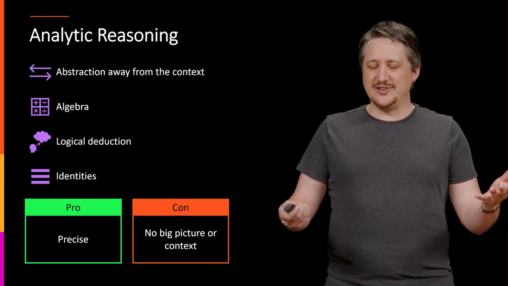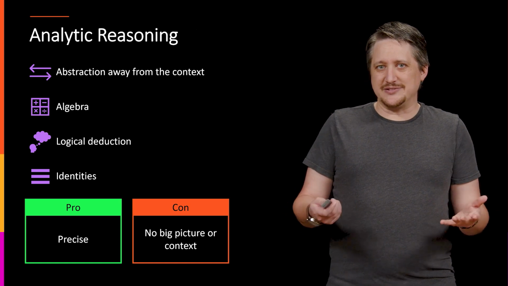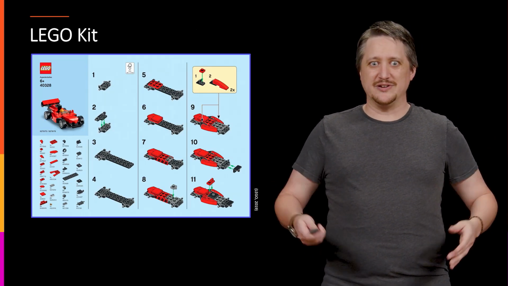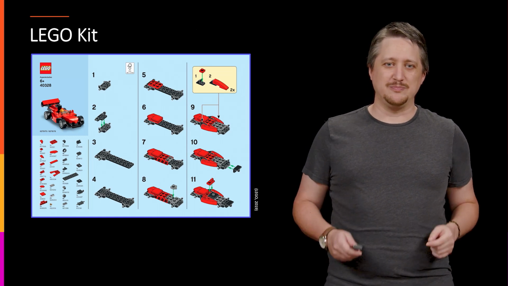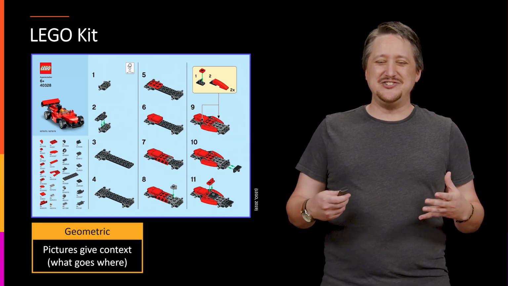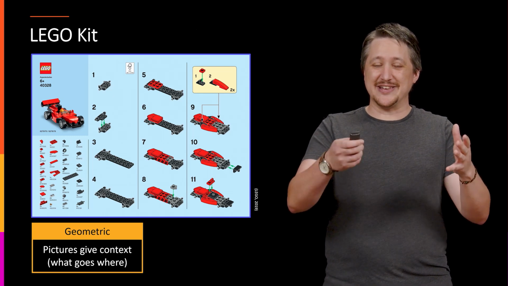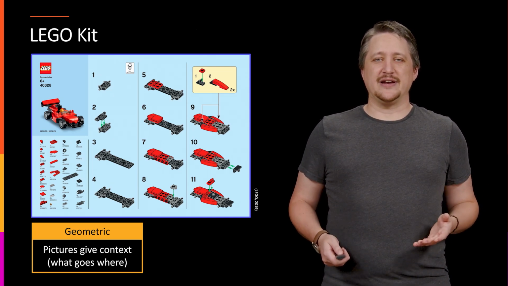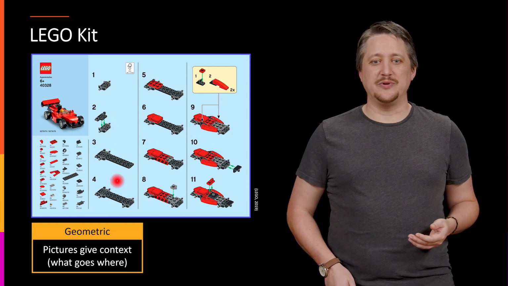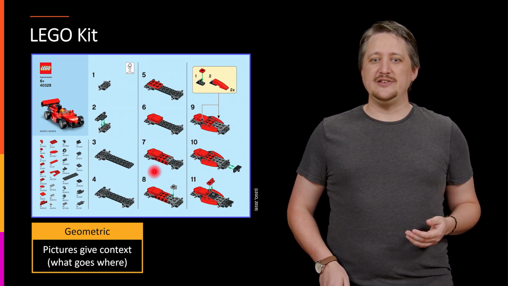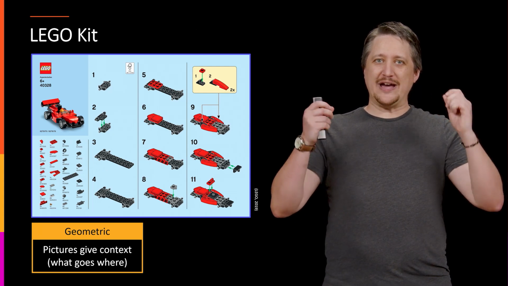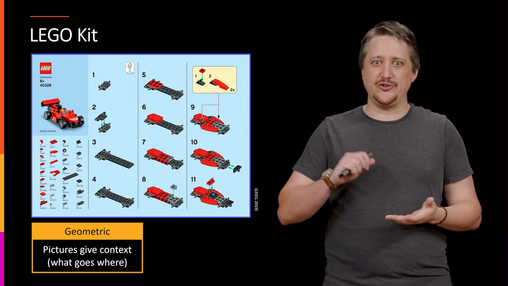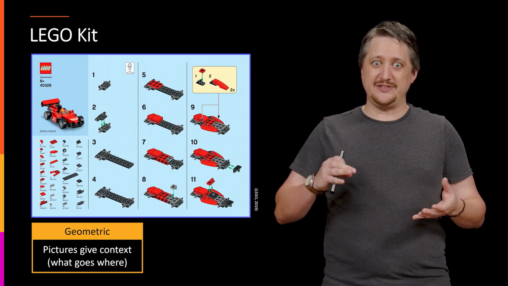So by way of a silly but surprisingly apt example, what if you're building Legos? Who doesn't love Legos? Monsters, that's who, but regardless. So the geometric example here, like in this Lego kit instruction guide, the picture gives context, right? So the pictures, like 1, 2, 3, 4, whatever, these pieces, these are the graphical reasoning. And at some level, most of this works just fine when you're doing the big picture pieces of it, right?